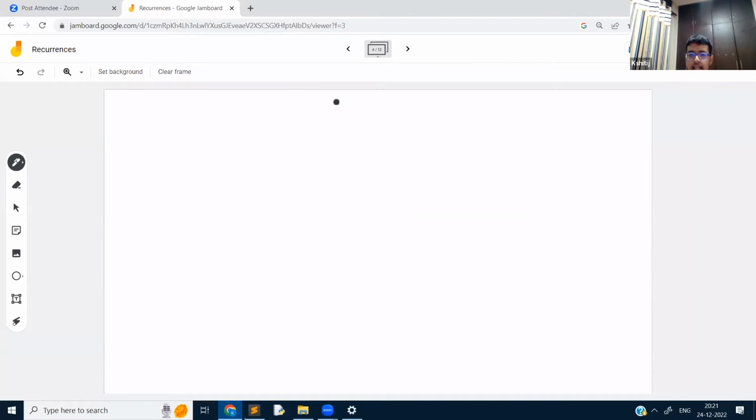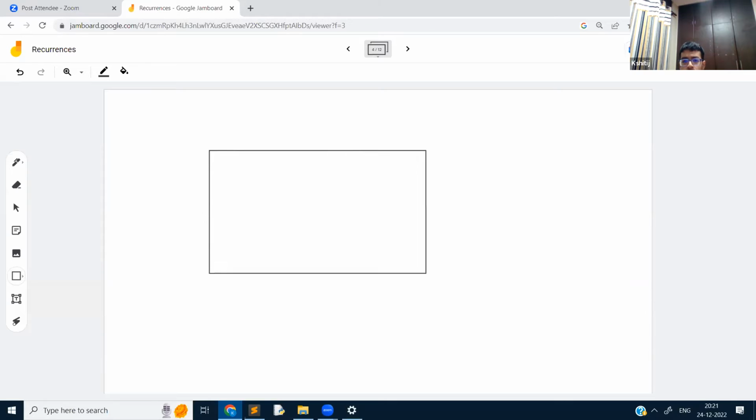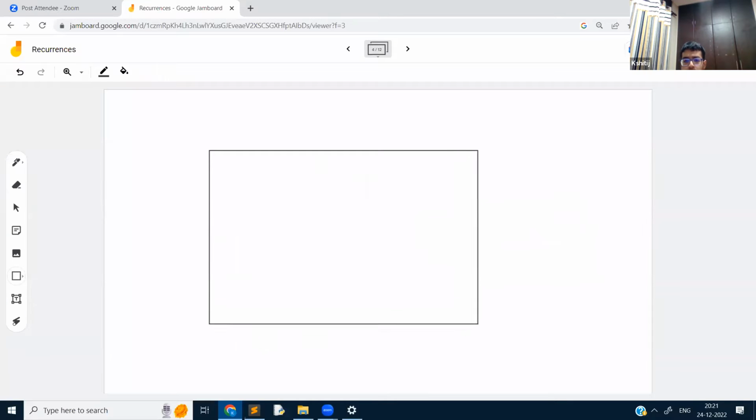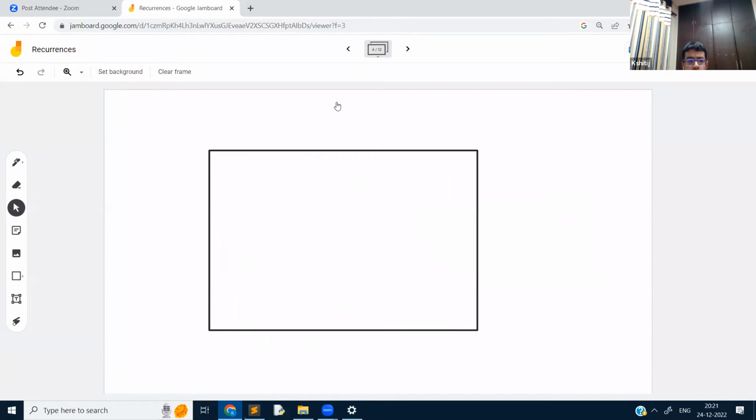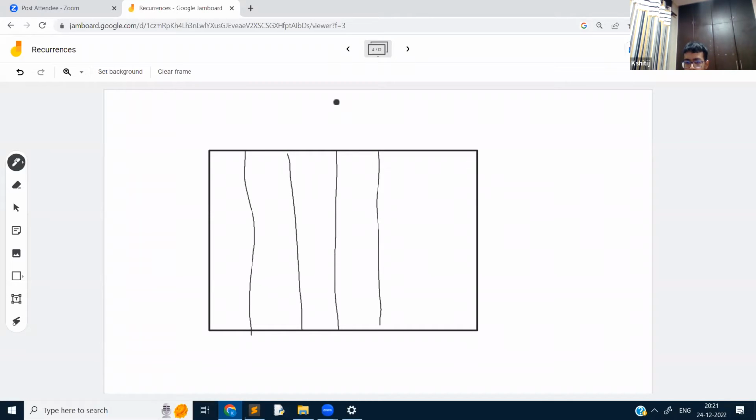Now I will take another problem. In this one, you are given an n by m grid. Now in this grid, there are two types of cells.